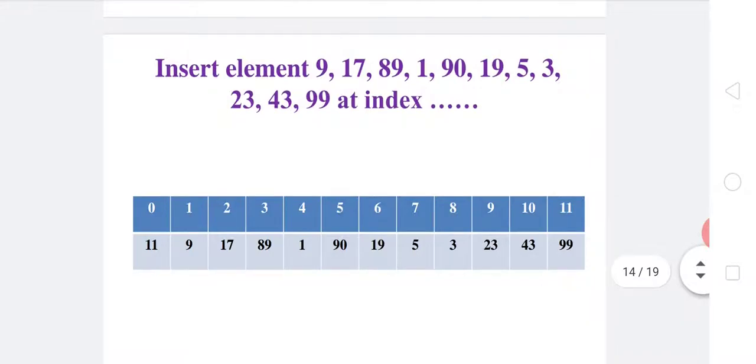Now we can see here we insert elements 9, 17, 89, 1, 90, 19, 5, 3, 23, 43, 99 at indexes 1, 2, 3, 4 up to 11. This means all the elements are inserted into the array memory locations.